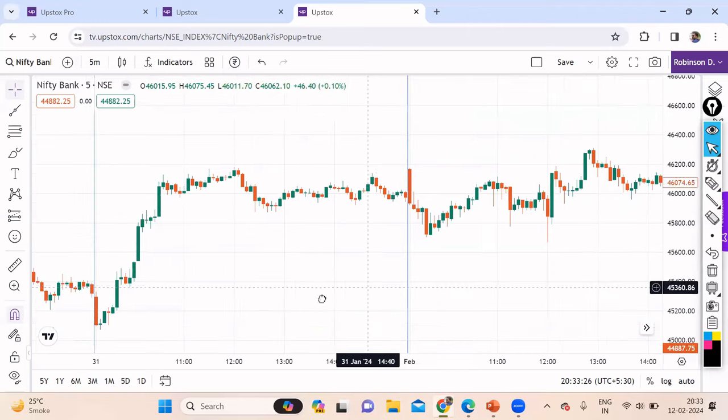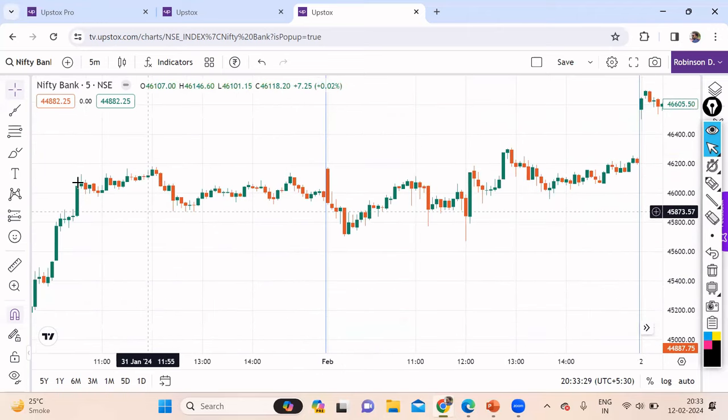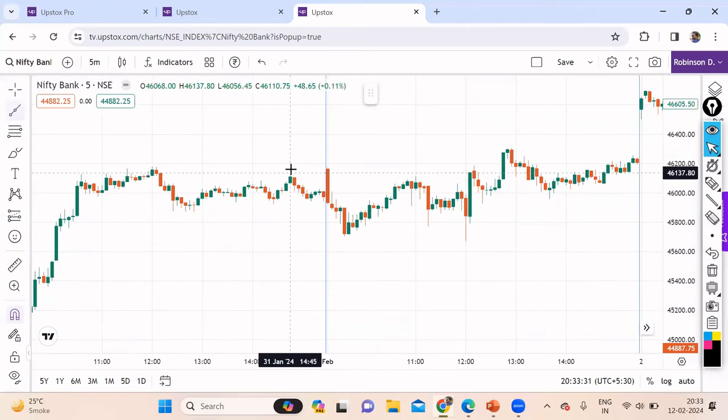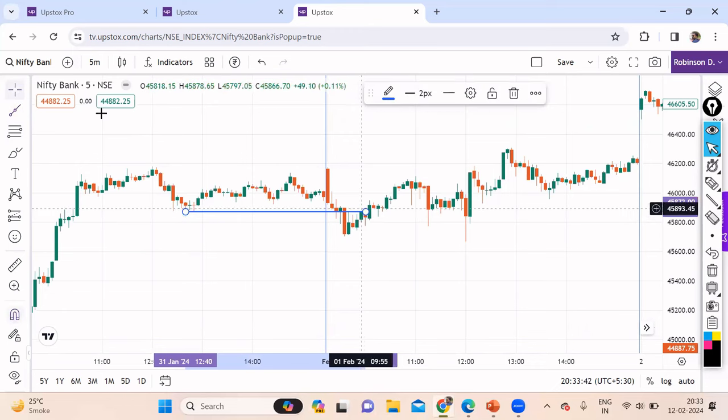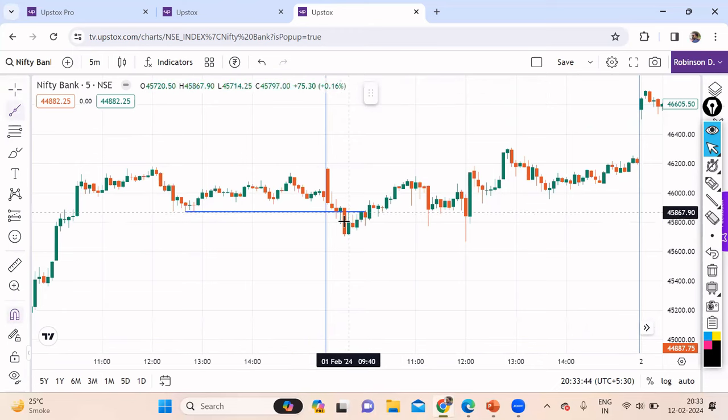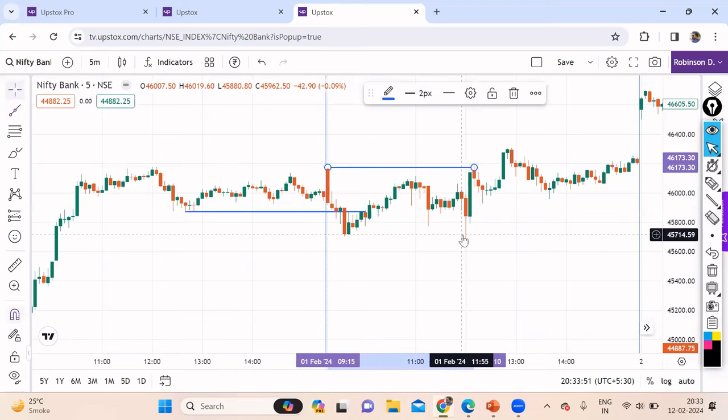We remove this drawing. We see more examples. See, in this case also, the swing is smaller. The lowest point is here. So when this low is broken, this high becomes my inducement level.